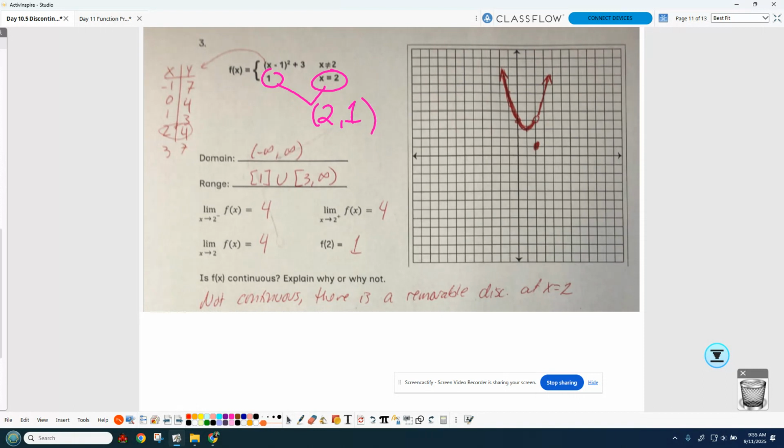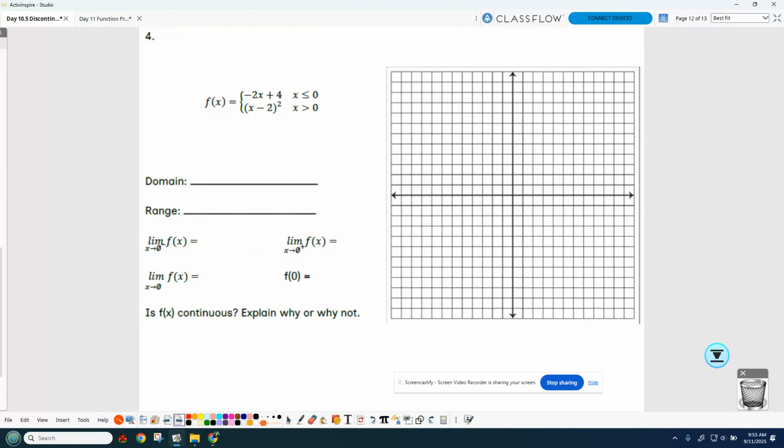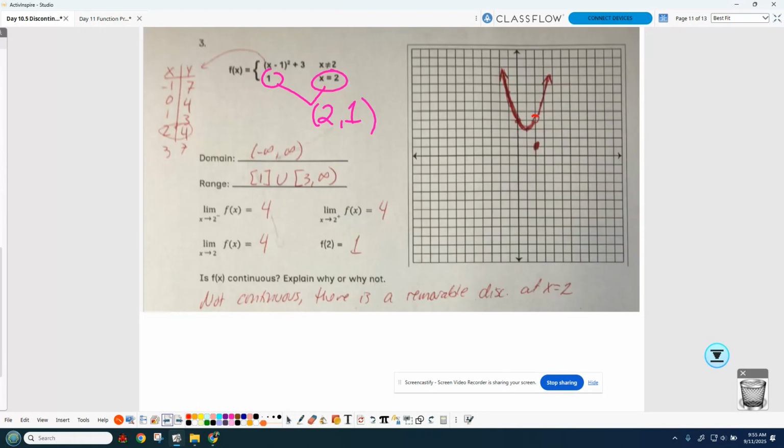And if you can't see it back there, this has a big old circle for the open hole. So Emmy, what kind of discontinuity would we call that one?